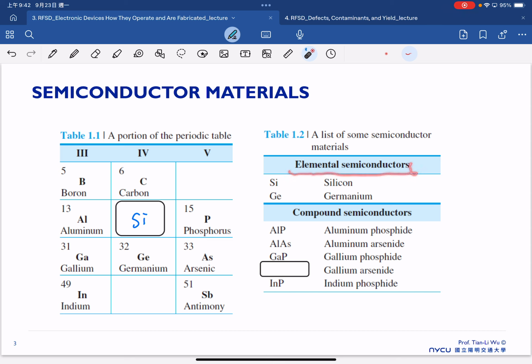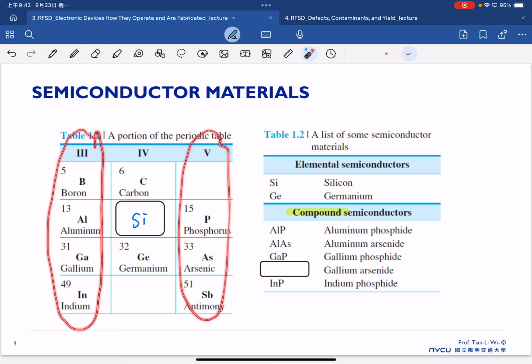On the other hand, we also have the compound semiconductor. The compound semiconductor is a combination of two different kinds of species. In most cases, it's a combination between group 3 and group 5, so that we can form the compound semiconductor.